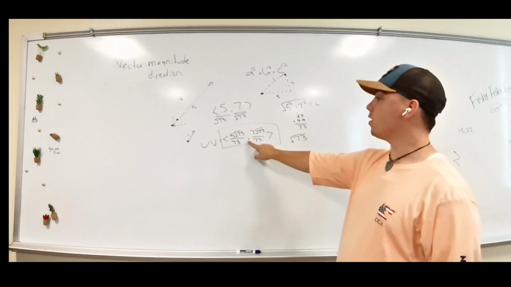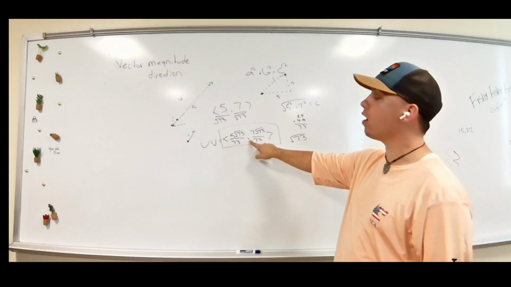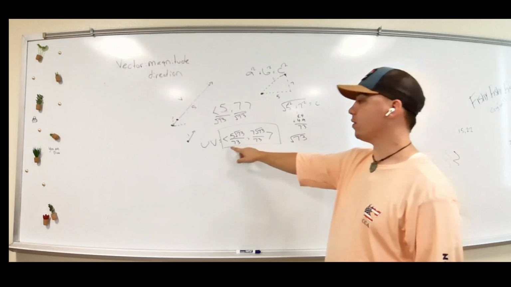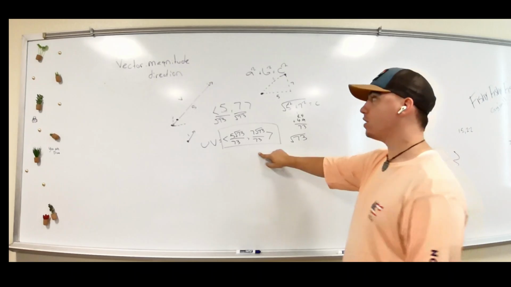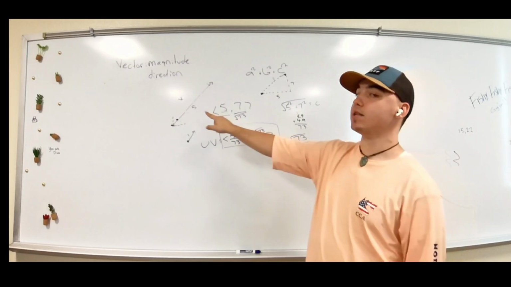This is going to be a vector with a length, or magnitude, of 1. So unit vector, magnitude 1, but keep in mind the direction is going to be the same.